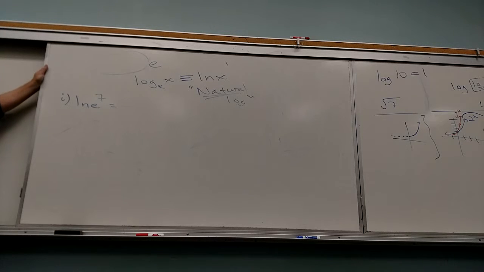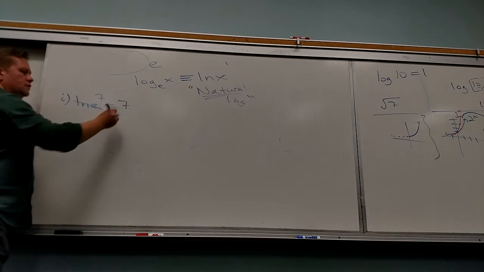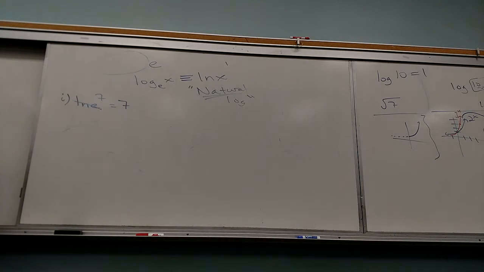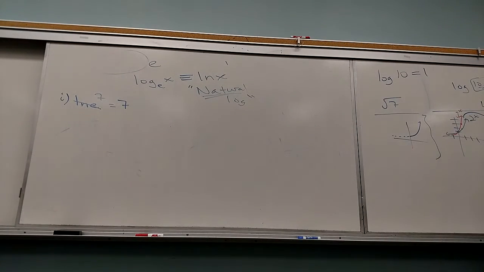Cancel each other. They're inverses of each other. Log base e kills base e to a power, so the answer, of course, is 7.